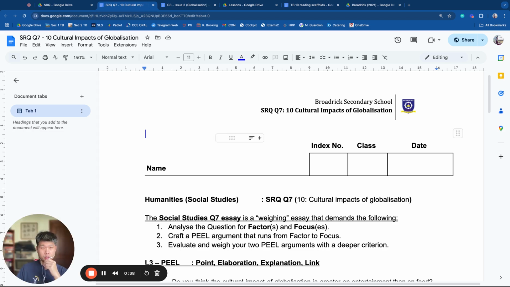On this worksheet, let's do a quick recap. We know that chapters 8 and 9 have introduced to you the concept of globalization. So globalization refers to the increasing interconnectedness and interdependence of people around the world.